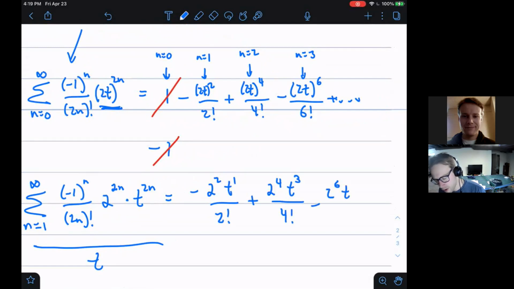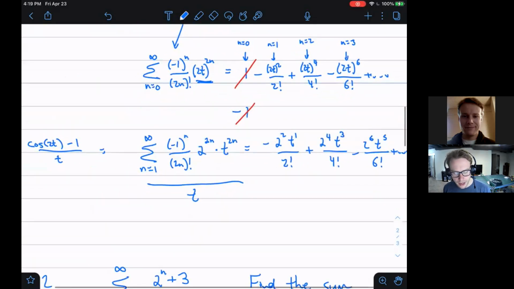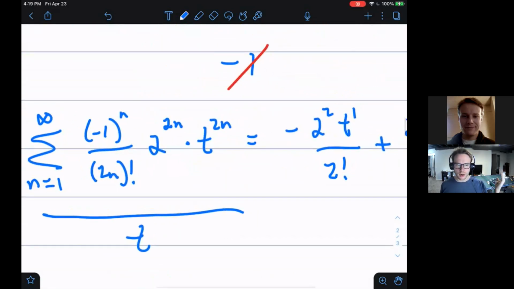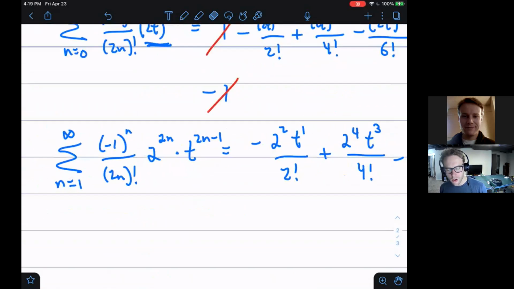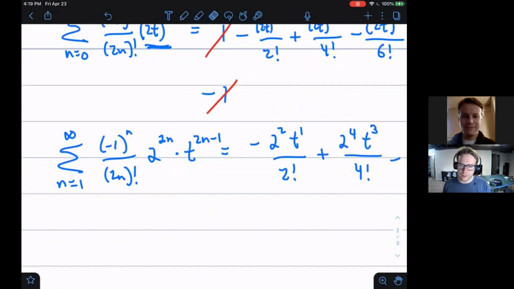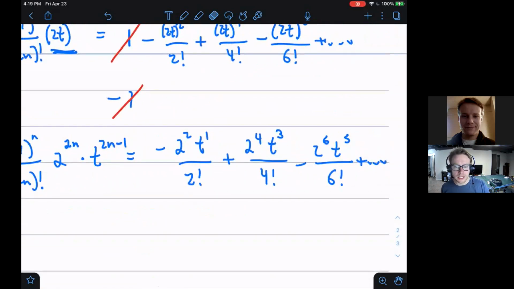And so our power of t is always 1 lower than our power of 2. And that's just because we've divided by t. And so same thing here, if I wanted to simplify, my power of 2 is 2 to the 2n. And if I divide by t, notice that my power needs to go down by 1. So instead of t to the 2n, it's always 1 lower than that. So we have t to the first power, t cubed, t to the 5th power, because we're always subtracting off 1 from this.